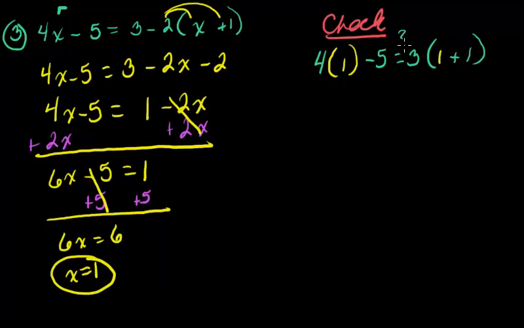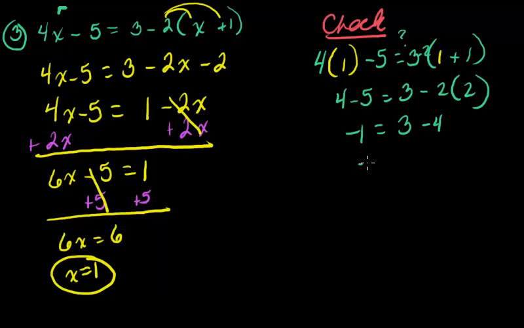Okay, so we're asking, does this check out? 4 times 1 is 4, so 4 minus 5. And I didn't do something right here. Something was not working right in my head as I was doing this. So the negative 1 equals 3 minus 4. Is this true? Negative 1 equals negative 1.